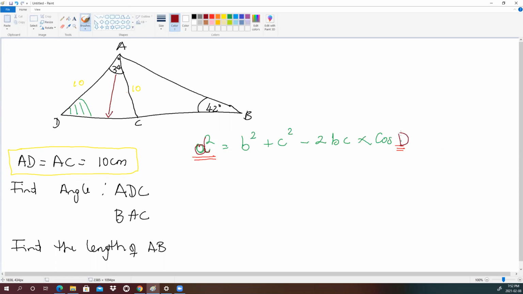So this is cosine D. This is me trying to see if the cosine rule can be used to solve this triangle. I want to find angle D, so it means that this is the only unknown I can have in the formula. You agree with me?